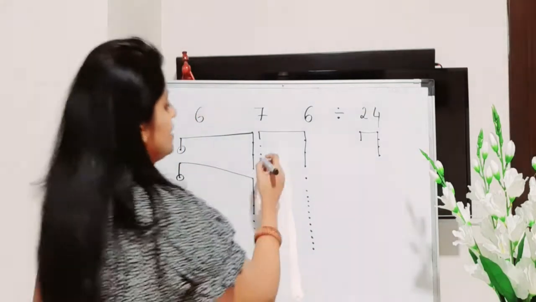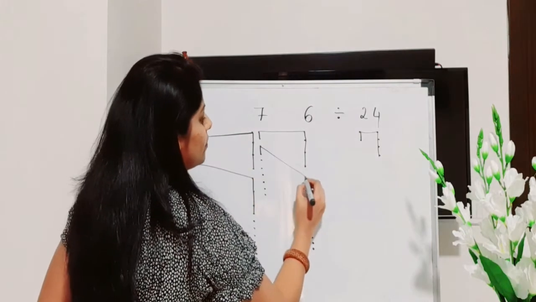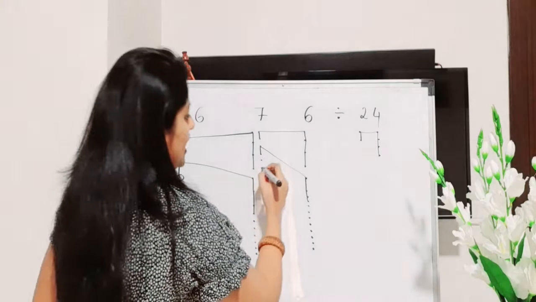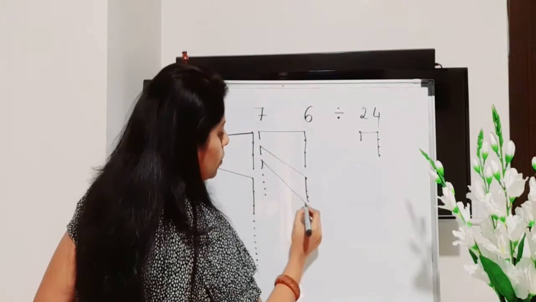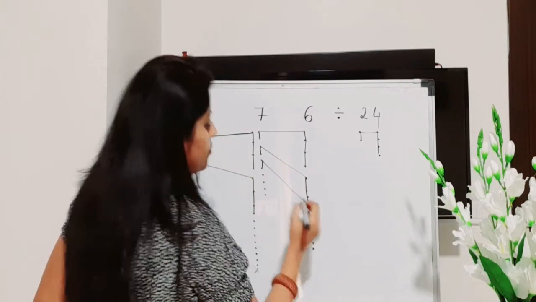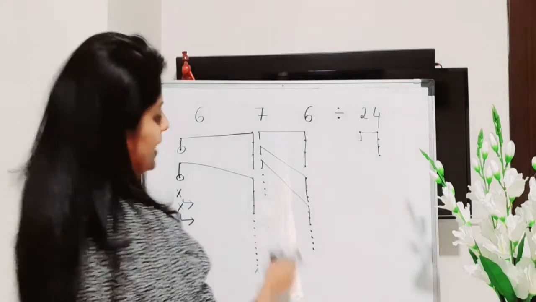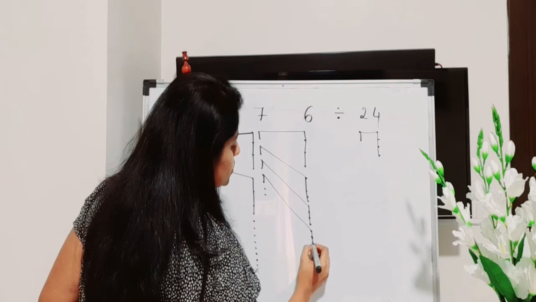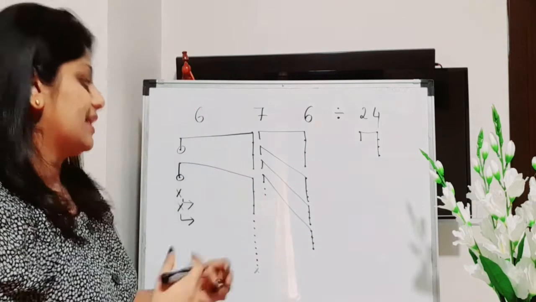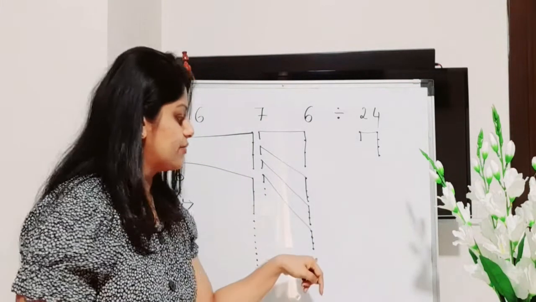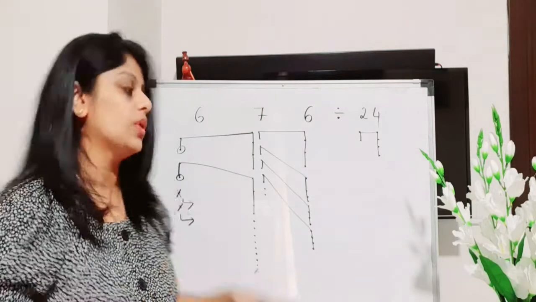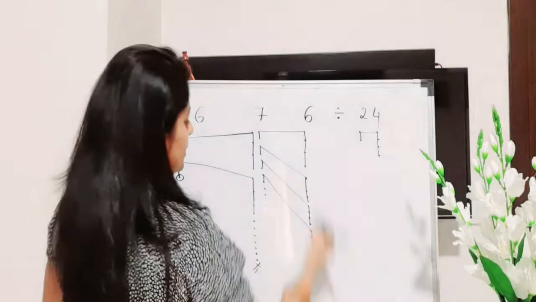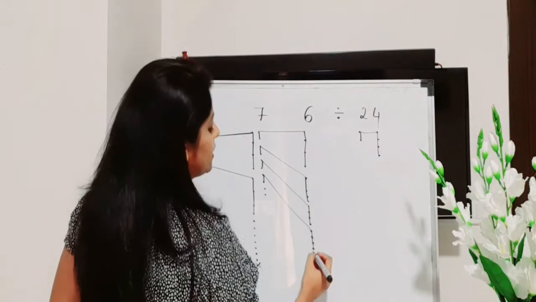Now do the same method. So 2 dots over here and 1, 2, 3, 4 dots here. Again, yes, we have 2 dots here and 1, 2, 3, 4 dots over here. Next, now again 2 dots here and 4 dots here. Do we have 4 dots? No. So what we will do? We'll again cancel 1 dot from this one and put how many dots? 10 dots over here.